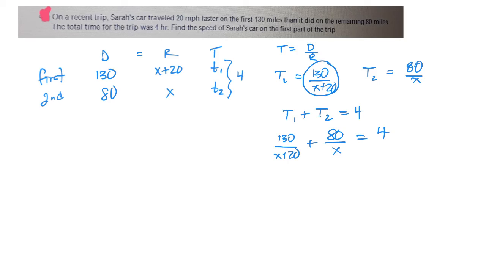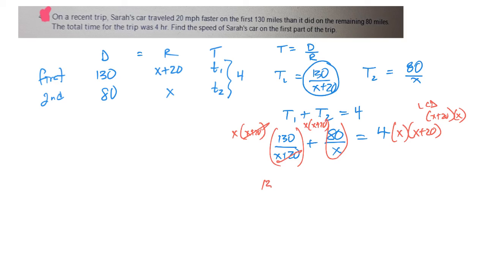So I'd find the lowest common denominator, which is x plus 20 times x, and multiply every term by that. Here the x plus 20's cancel, and you wind up with 130x. Here the x's cancel, and then you have 80 times x plus 20, equal to, here I can take the 4x and FOIL it in.